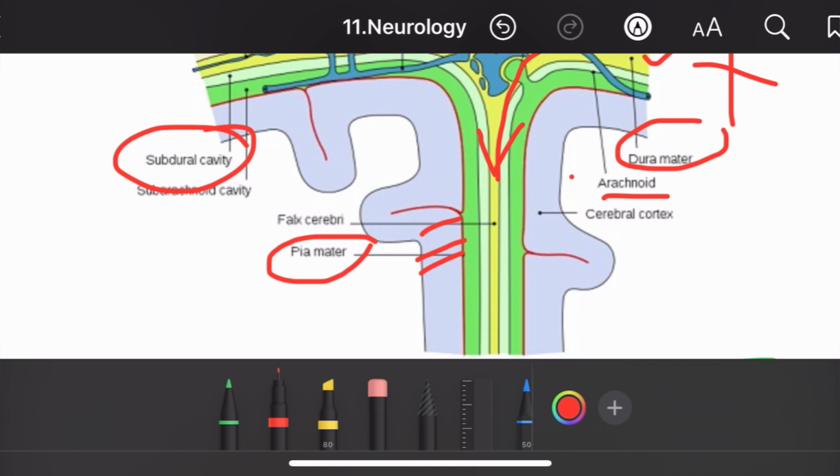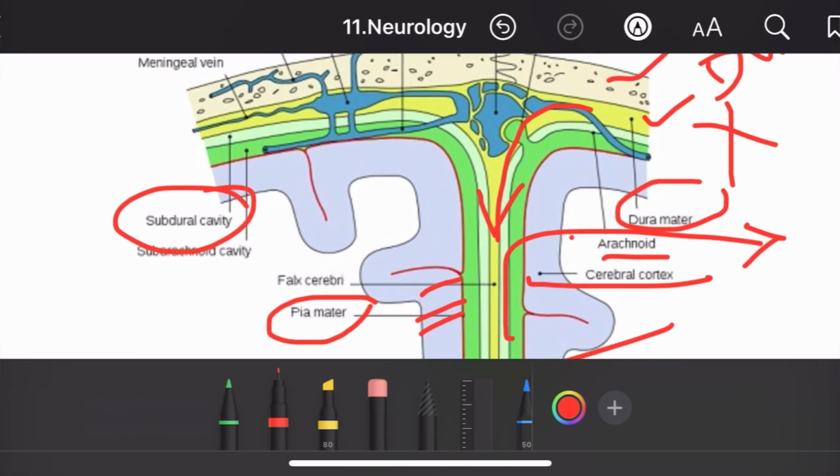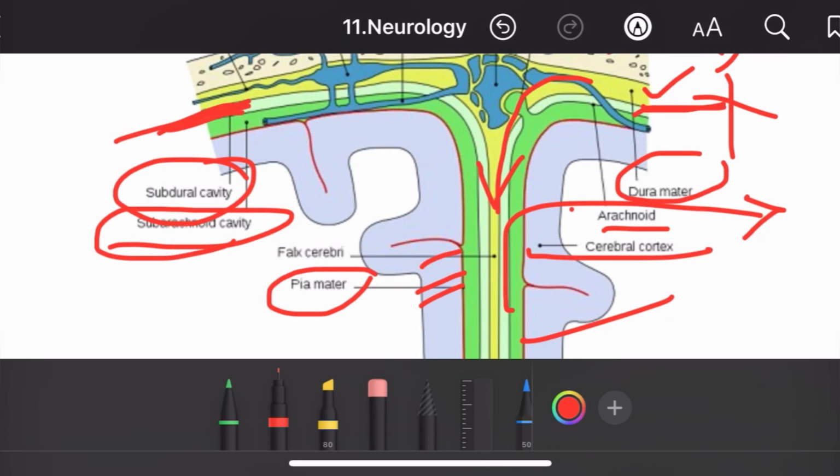The green thing here is the arachnoid, the red lining is the pia mater, and above that the yellow is the dura. This space is called the subdural space. We have the subarachnoid space as well. The green colored is the subarachnoid cavity, and the light green or blue is the subdural cavity.